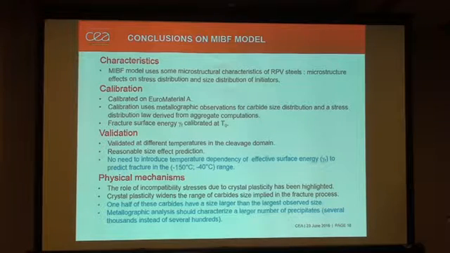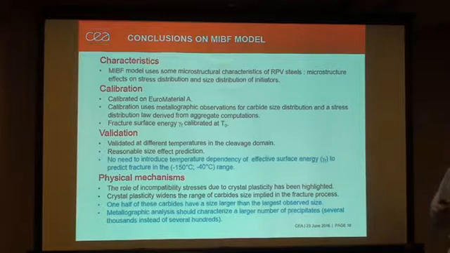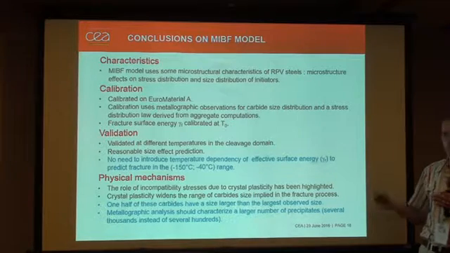We saw that most of the carbide sizes involved are larger than what we can observe in the metallographic analysis. So it would be important for future metallographic analyses to characterize a larger number of precipitates, maybe several thousand instead of only several hundred.